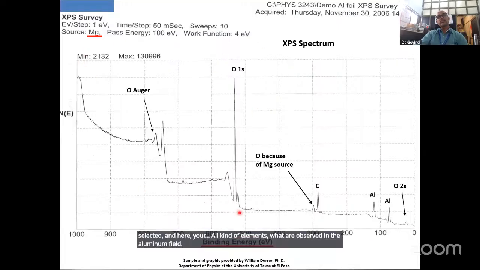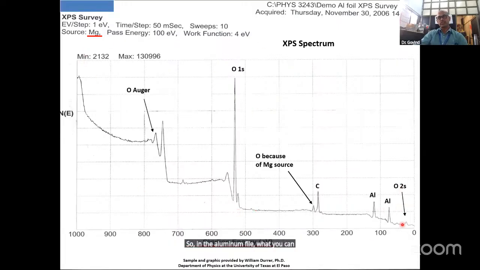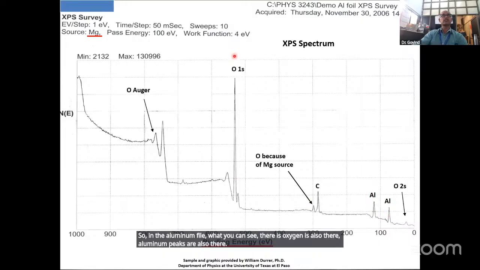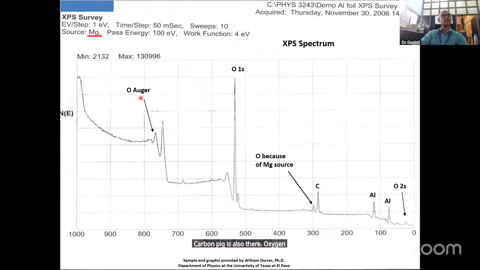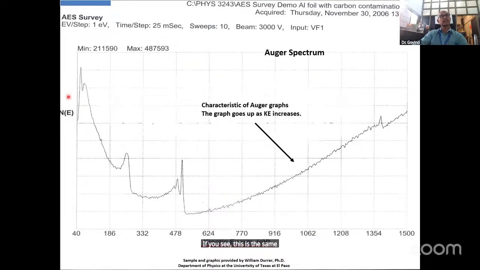In the aluminum foil, there is oxygen, aluminum peaks, and a carbon peak. See, this is the Auger, this is blunt. You can say this is not the binding energy of that. This is the Auger electron. If you see, this is the kinetic energy; it is rising from left to right.